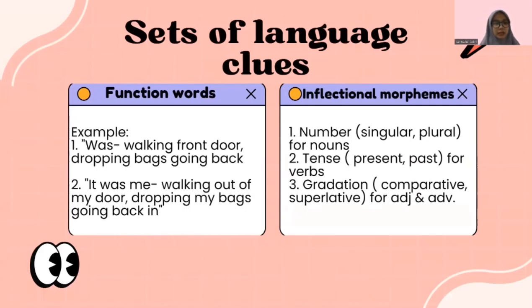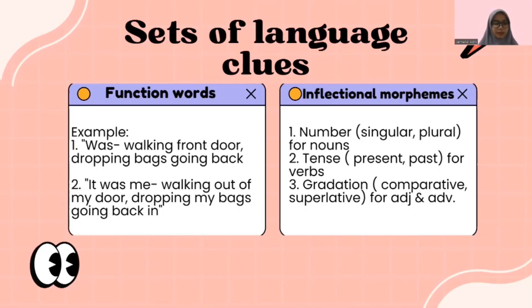In English, functional words are prepositions, pronouns, conjunctions, and articles. So for further information, let's see these two examples. The first is: was walking from door, dropping bags, going back. And the second is: it was me walking out of my door, dropping my bags, going back in.